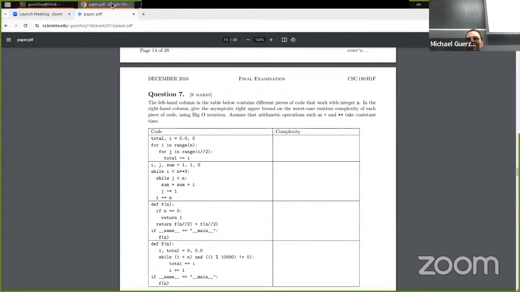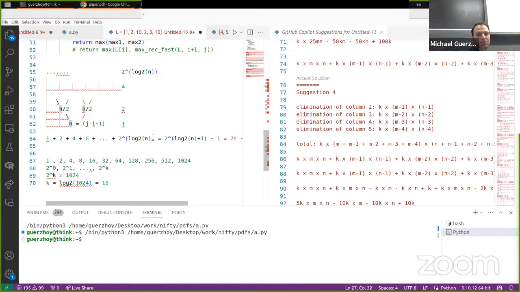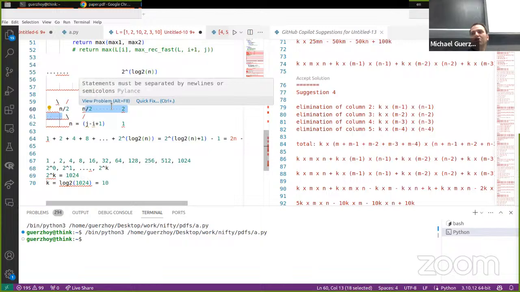The pattern is every call takes the same amount of time, and you go from n to 2 calls to n over 2, to 4 calls to n over 4, and so on. The tree looks kind of like this: you start with n, then 2 calls to n over 2, 4 calls to n over 4, and so on, log n levels.